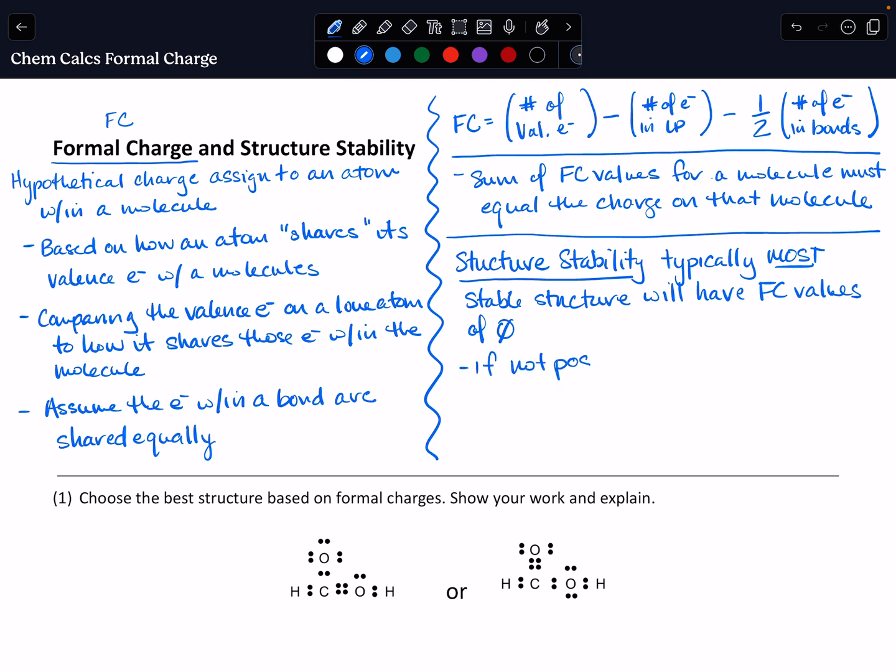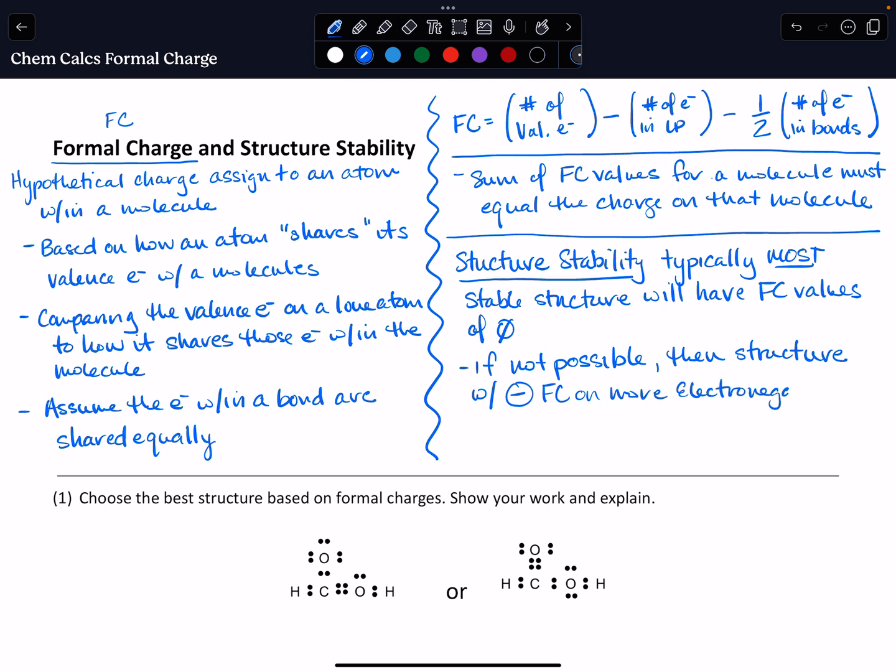If not possible, then the structure with negative formal charge on more electronegative atoms will be the most stable.